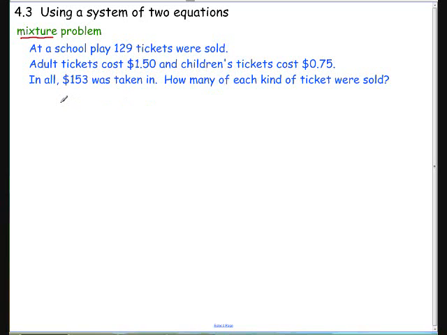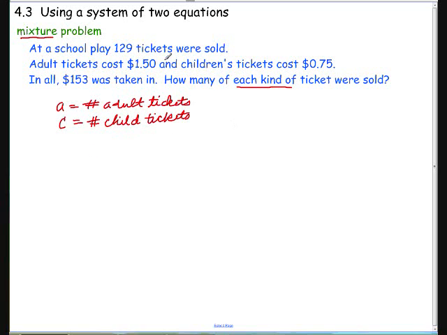So if I let A equal the number of adult tickets and let C equal the number of children's tickets, I have the 2 variables I'm going to need, because the question is how many of each kind were sold. As soon as I know what A and C are, I have my answer.